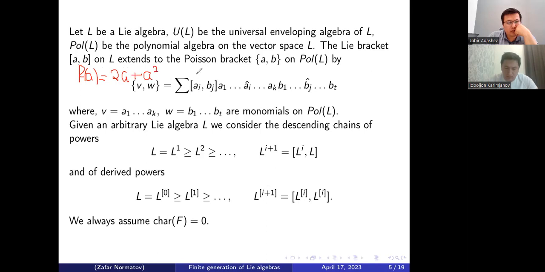For example, right? So if you look at this formula, we should use this bracket, right? So A should come from some other elements, right?